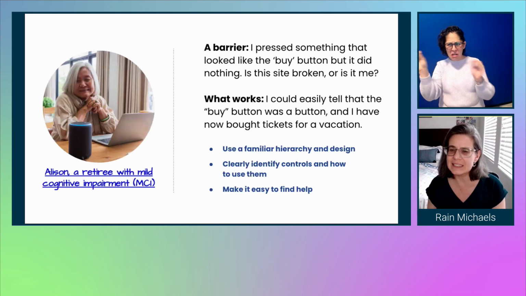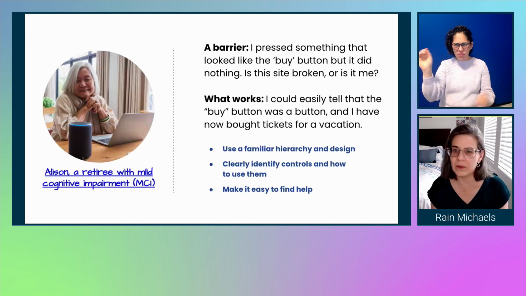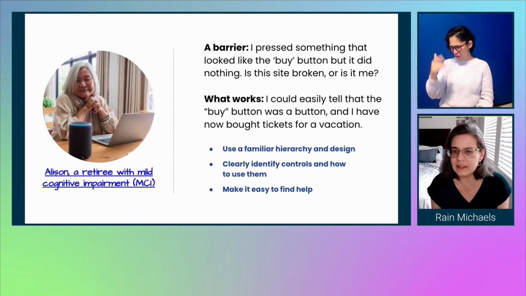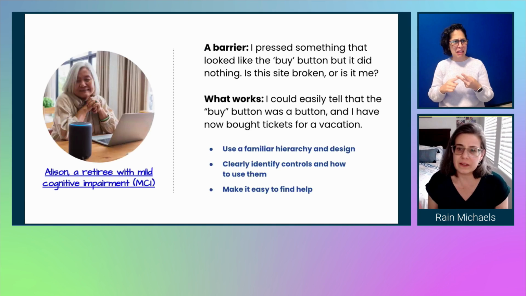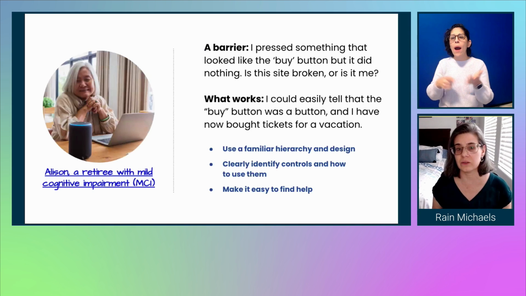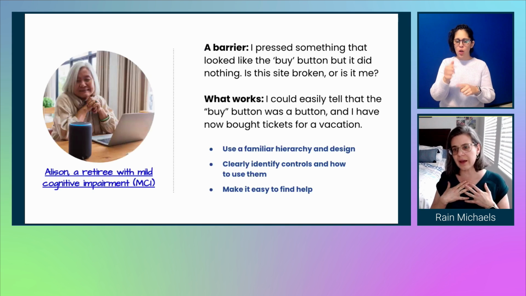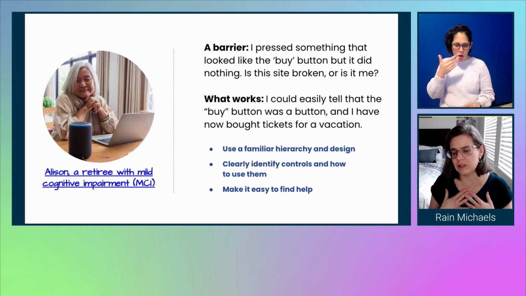Nothing happens next. It doesn't look like it goes into the cart. And so Allison doesn't know, did I actually do anything? Did it happen? Is the site broken? Or what often happens for the users in these scenarios is they blame themselves. They say, oh, well, I'm not good at this technology. It's my fault.